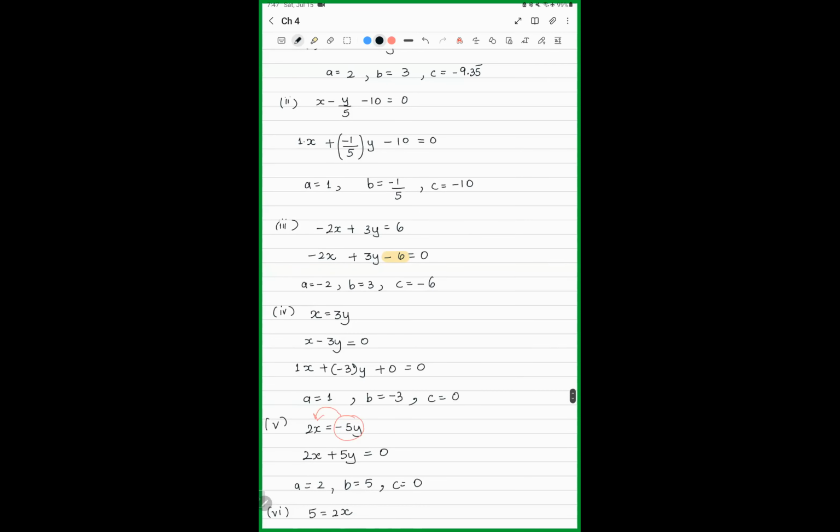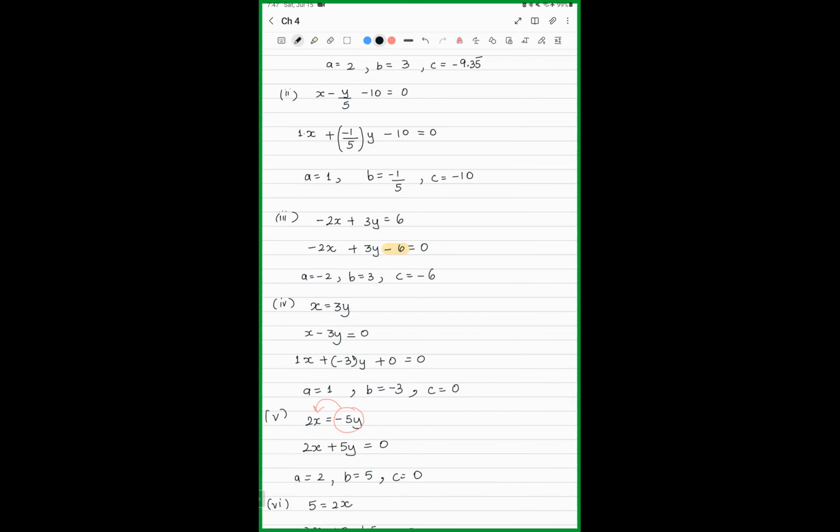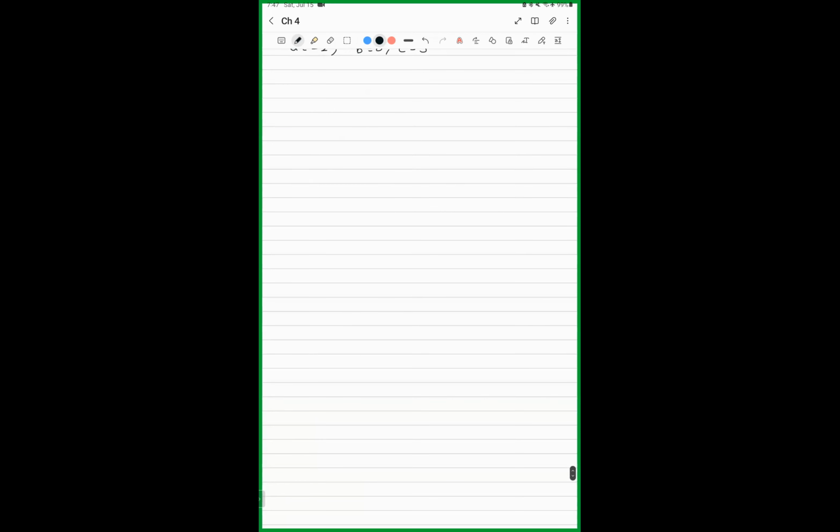Now let's move on. Let's just do the first question in exercise 4.1. Just write the question. I'm writing it over here. Please note it down in your book. So the question says the cost of a notebook is twice the cost of a pen.